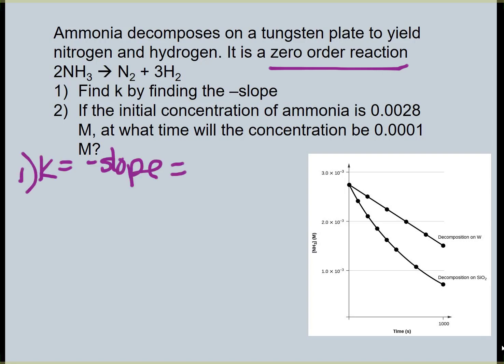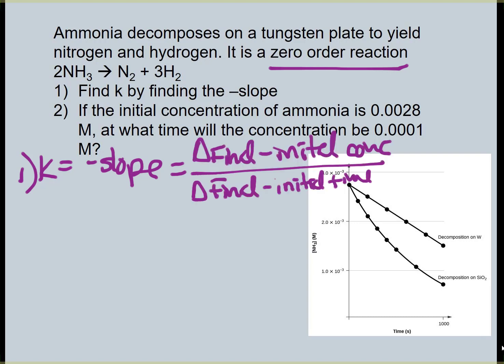To find the slope, I've always been taught rise over run, or the final minus the initial concentration divided by the final minus initial time. And looking at the graph, I can see that this right here is about 2.8 times 10 to the minus 3 molar concentration, and I'm just going to go all the way to the end right here.